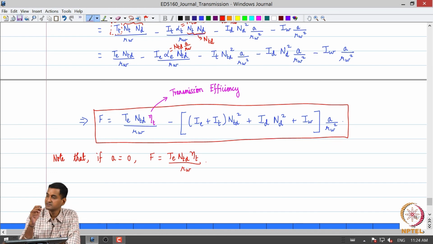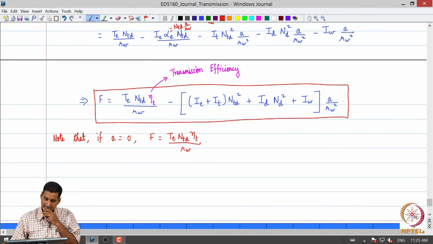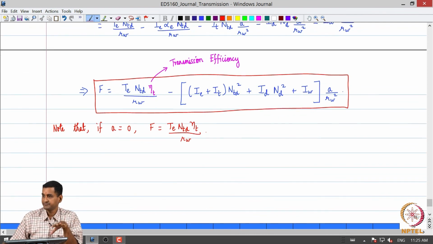Okay, so this is what we will get. Okay, so please remember this, we will use it later on. Okay, so this is from the perspective of the powertrain.